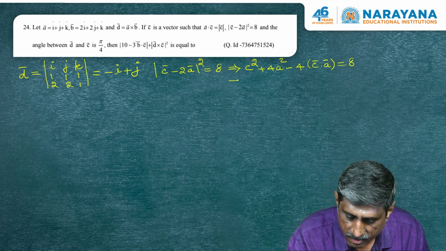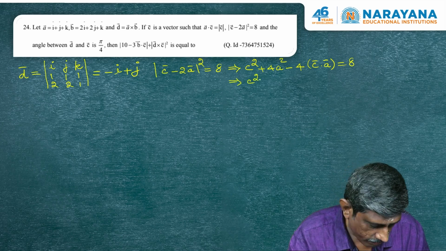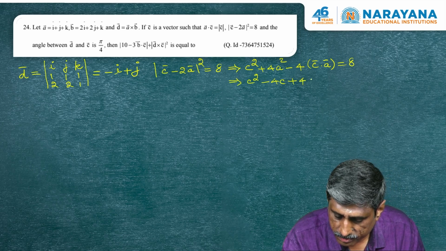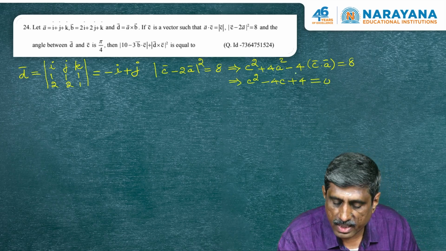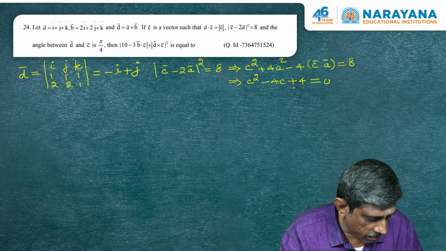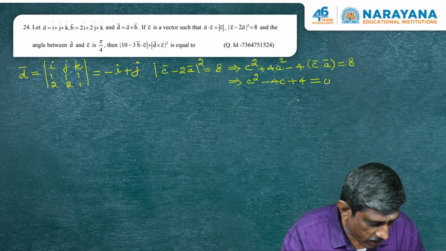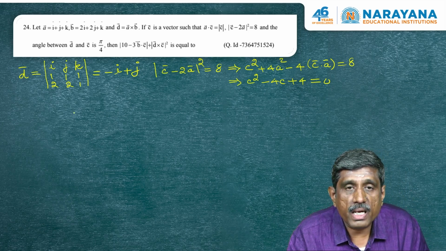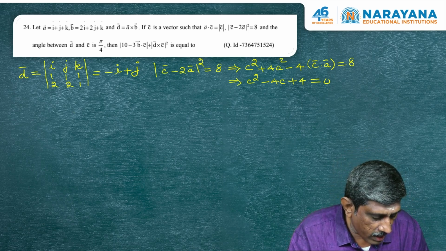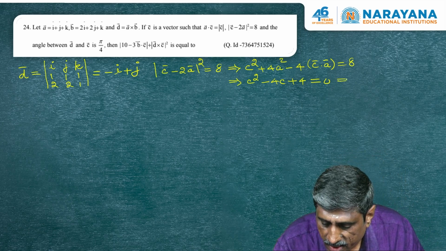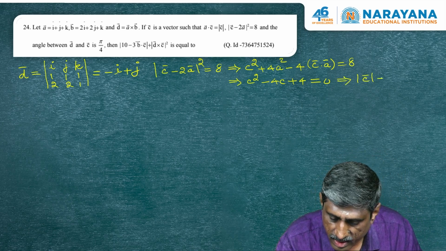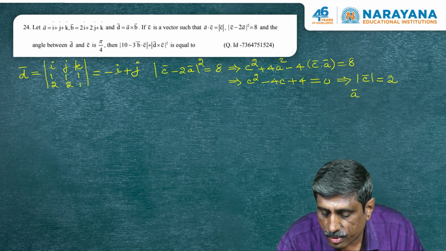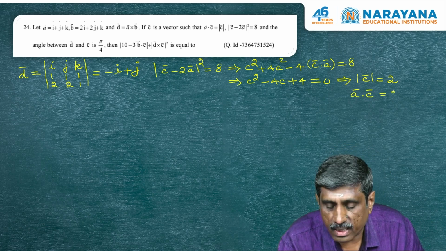So, from that we understand that C square minus 4C plus 4 is equal to 0, because already C dot A is given as mod C. From this we get modulus of C bar is equal to 2. Therefore, A dot C is equal to 2. We are getting directly from this.